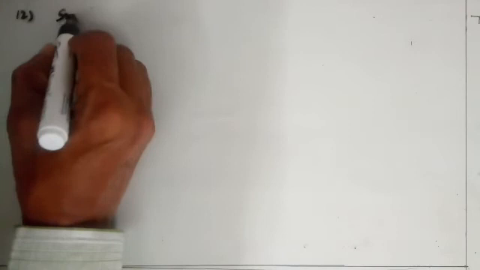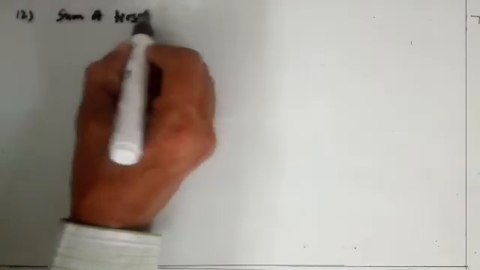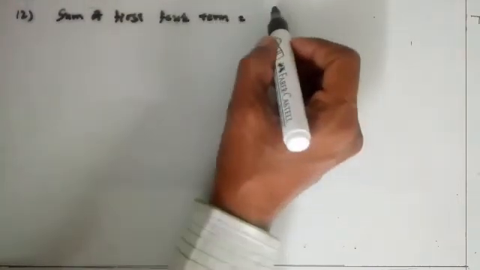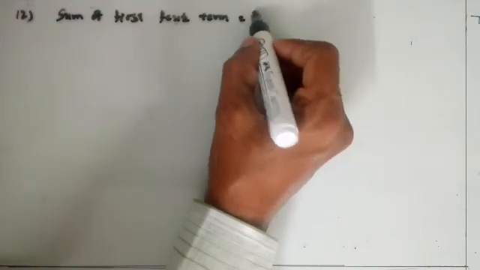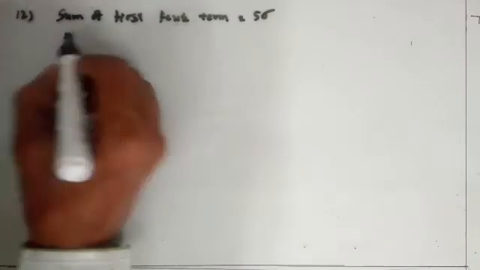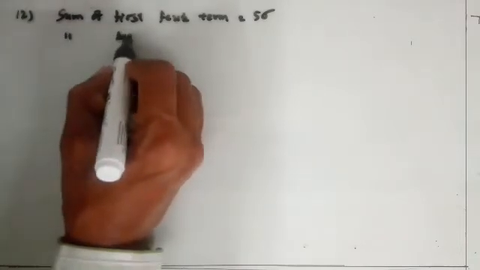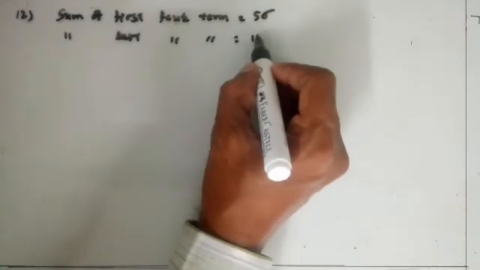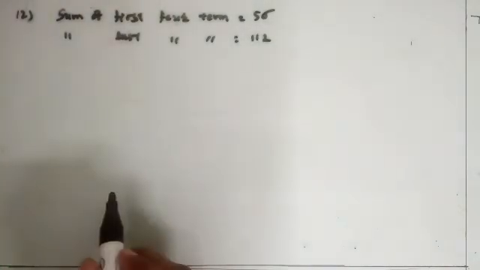Given that the sum of the first four terms of an AP is equal to 56 and the sum of the last four terms is equal to 112.